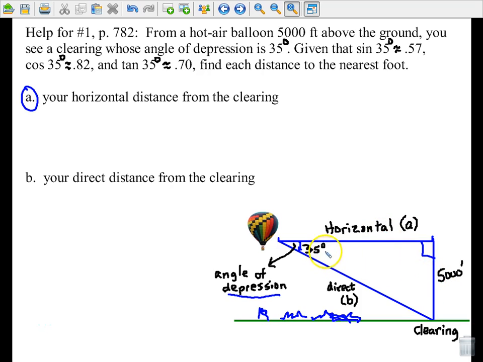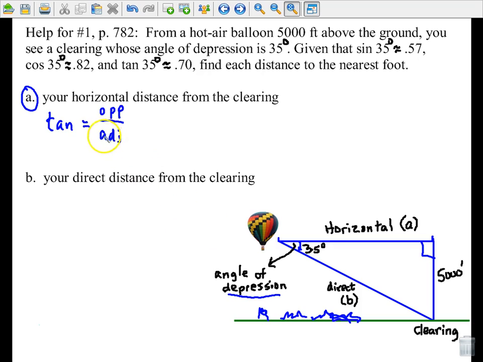So one of the things we could do, if we look at our trig ratios, we have a ratio that deals with the opposite side being divided by the adjacent side. And if you go back and look at your notes, you'll notice that that is tangent. Tangent is opposite divided by adjacent.